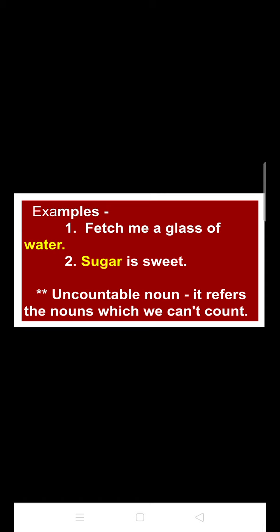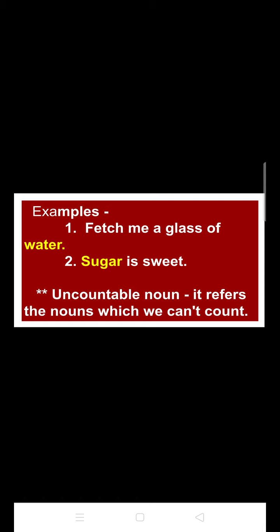So these are our next category of noun, that is uncountable noun. Therefore, an uncountable noun refers to the nouns which we cannot count. Whenever there are names of persons, places, animals, or things in the sentences which we cannot count, they will be our uncountable nouns.